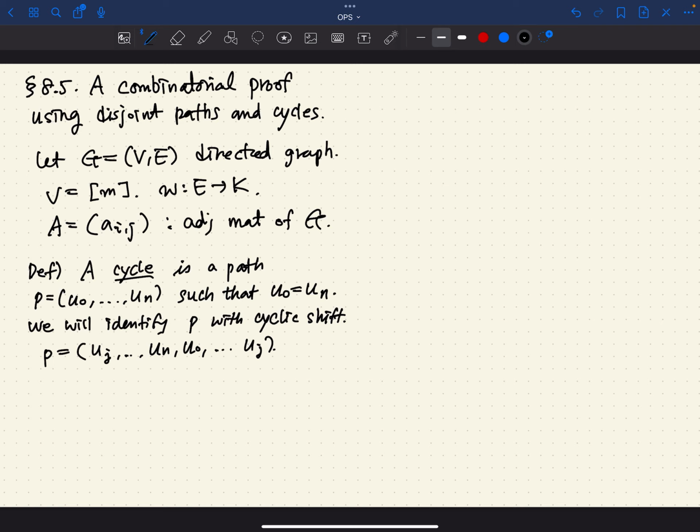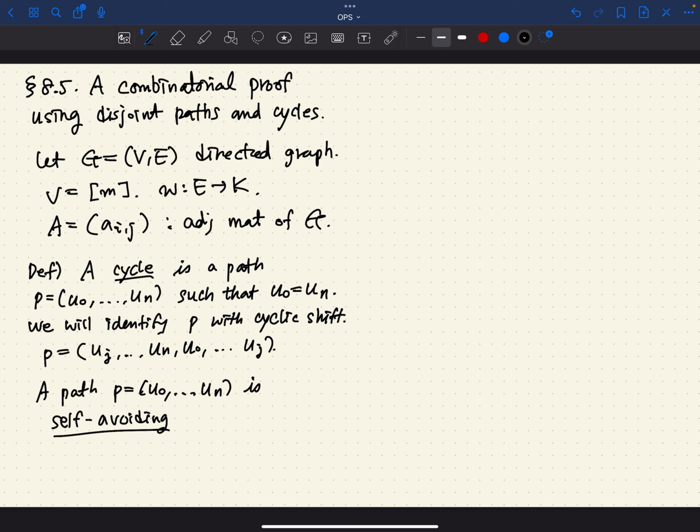Now we say that a path P, let's say u_0 through u_n, is self-avoiding.